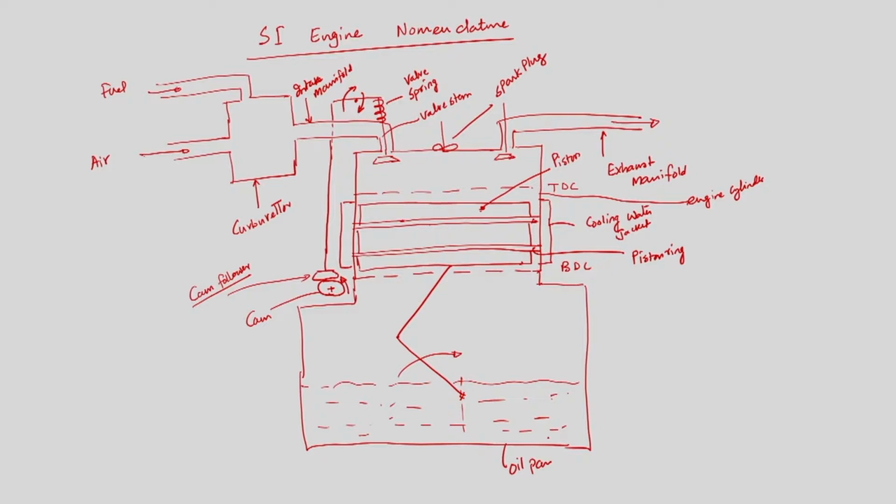This is essentially attached to provide lubrication to the wall by means of oil churning as a result of rotation of the crank.